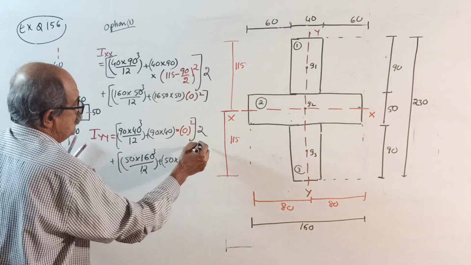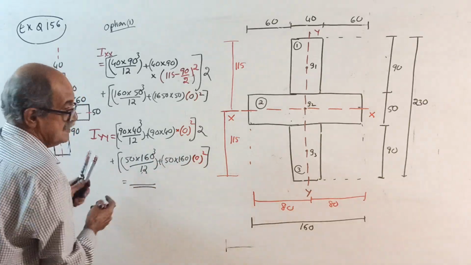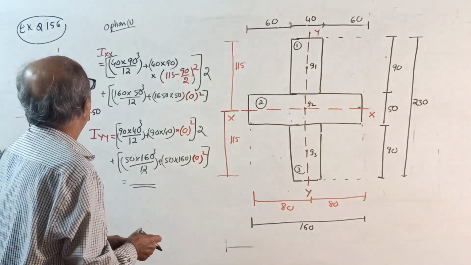Calculate, you get IYY. This is option 1. Now I will go to option 2.